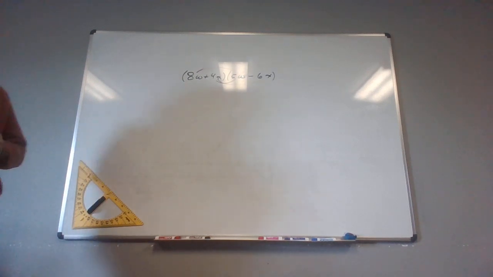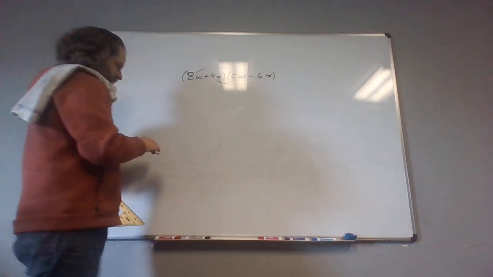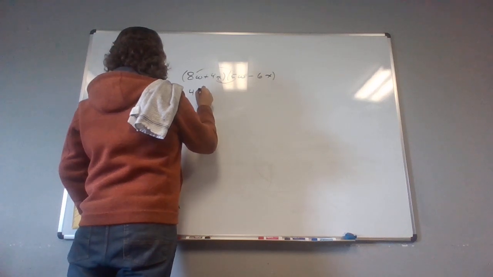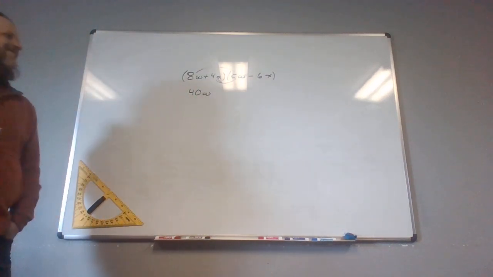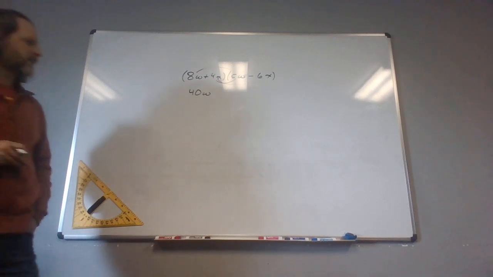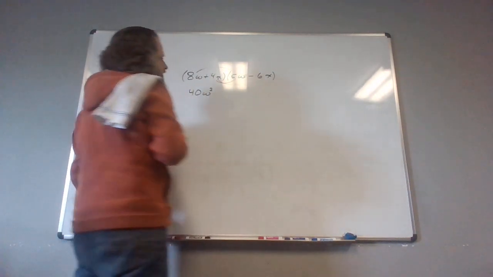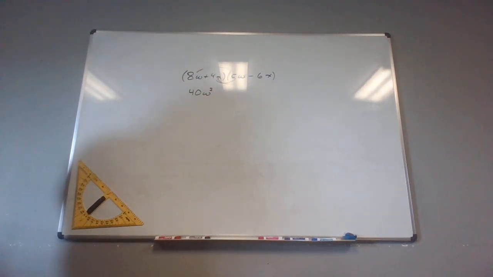Okay, what's 8w times 5w? 40w squared. True enough. What's 8w times negative 6x? I was just testing y'all. Calm down. 8w times negative 6x.